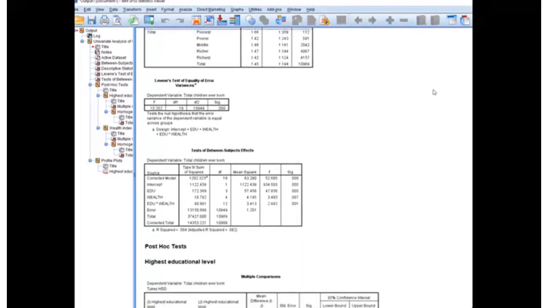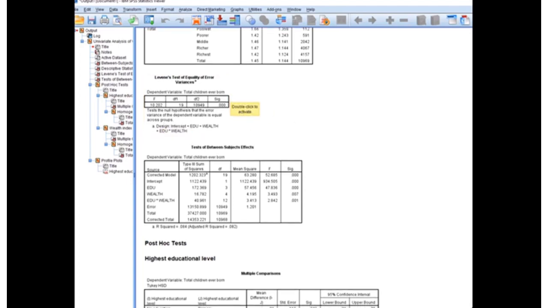Similarly, the next one is the Levene's test. This Levene's test will show that a similar variance of each group of measurement can be assumed. This is the assumption here. It is given: test the null hypothesis that the error variance of the dependent variable is equal across the groups. This we will discuss in the next one.